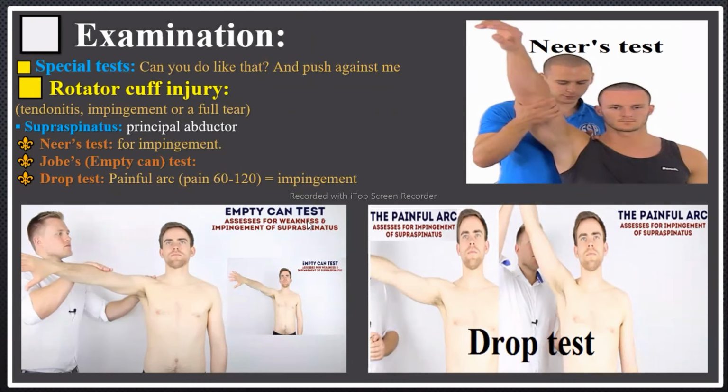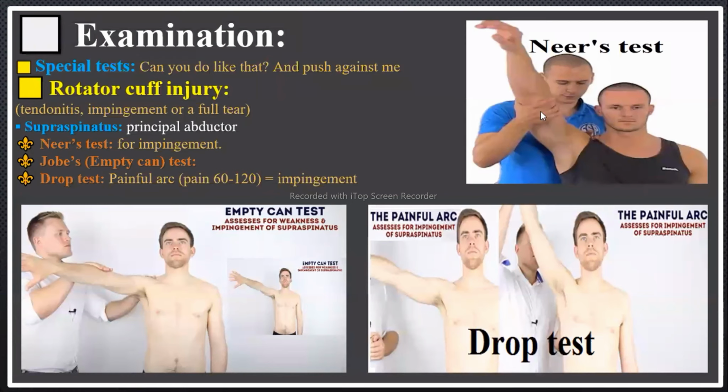Okay. So we finished the Neer test, and we finished the empty can test. Excuse me, doc. In the Neer test, the examiner is going to put his hand under the arm. How is he going to resist the rotation?